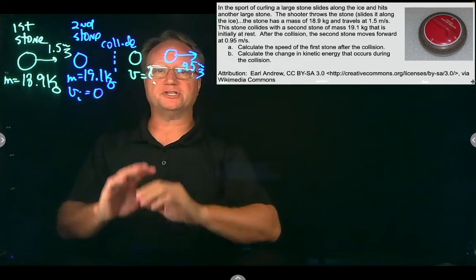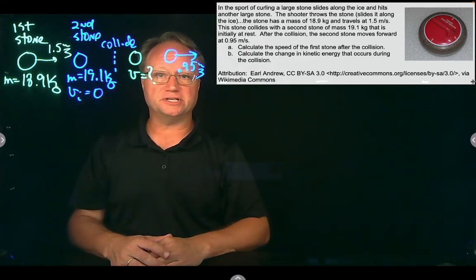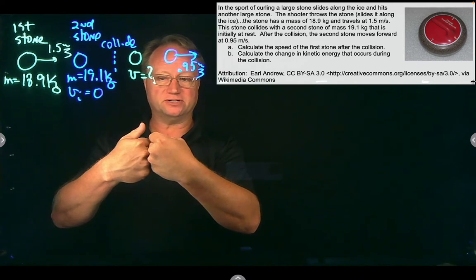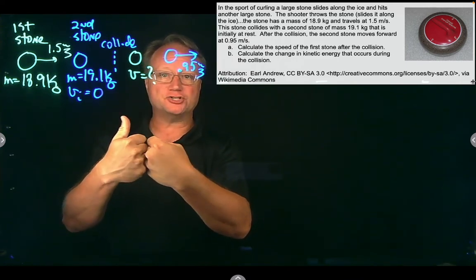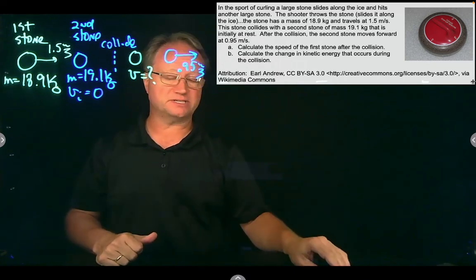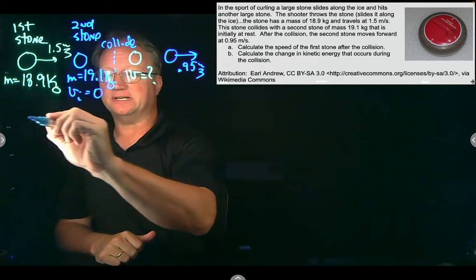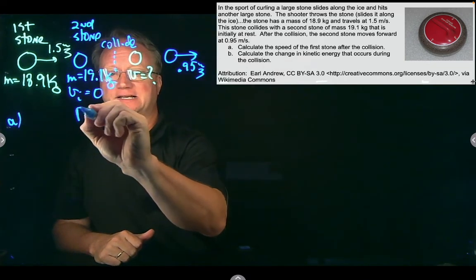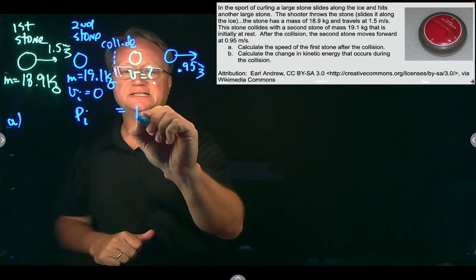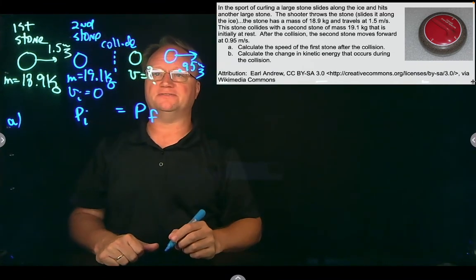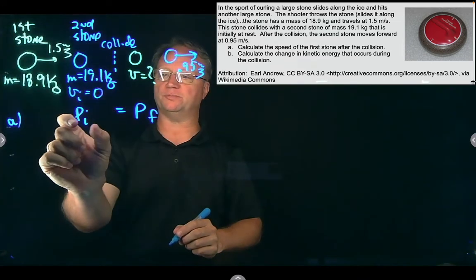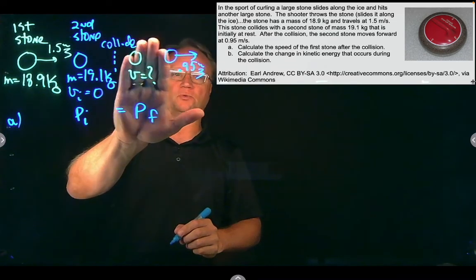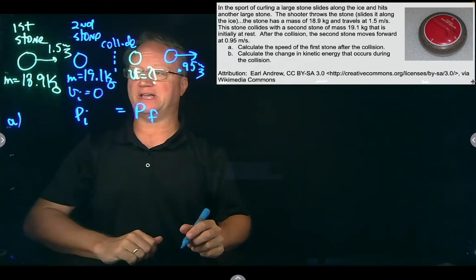You have a situation with a collision, and in a collision, the objects push on each other. That means that's an internal force, and with internal forces, momentum is conserved. And so for part A, Pi is equal to Pf. So then object 1 and object 2, the momentum before, equals object 1 and object 2, the momentum after.